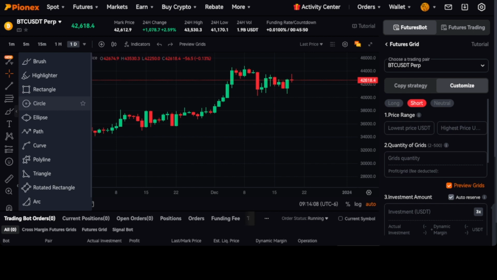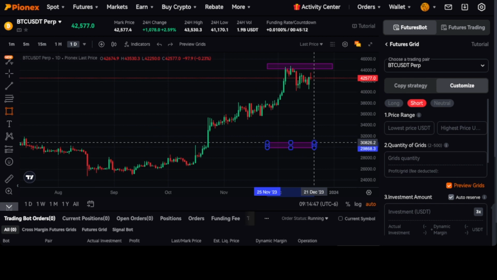I've put that area as an area of resistance, and then I've got an area of support around the 30,000, and I'm just throwing those numbers out. I haven't really done a whole lot with Bitcoin recently.